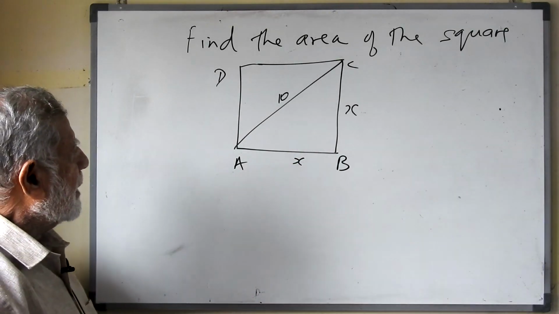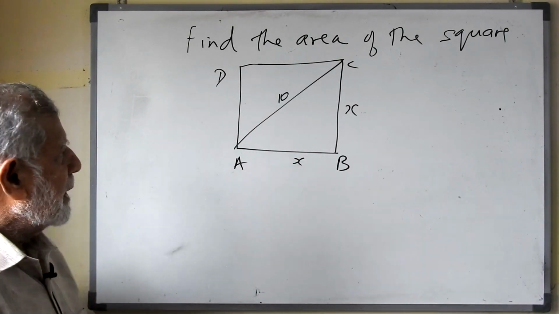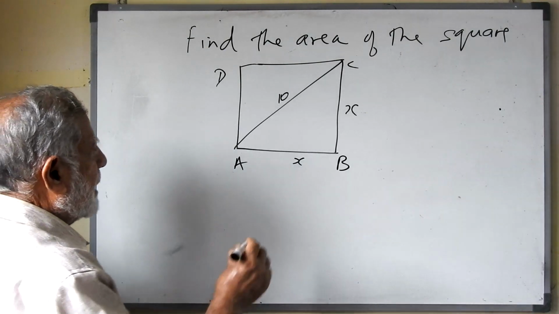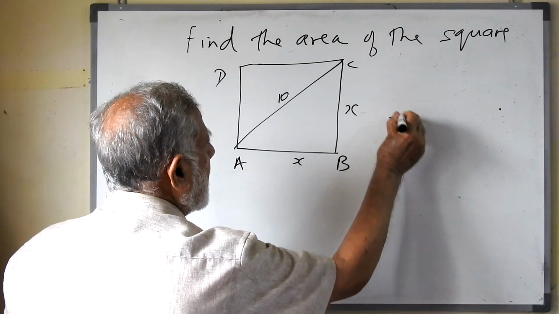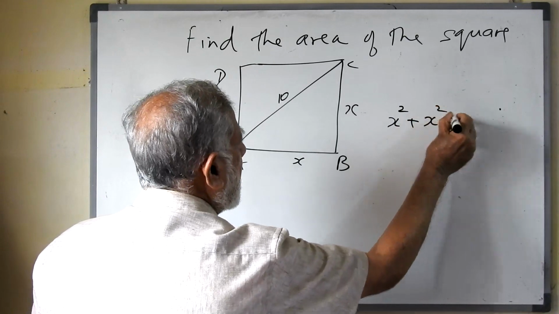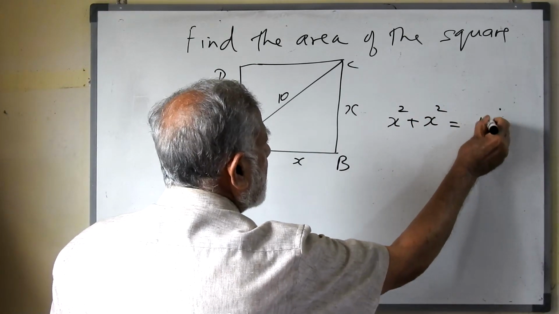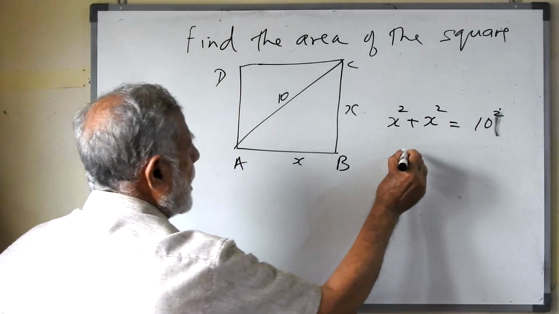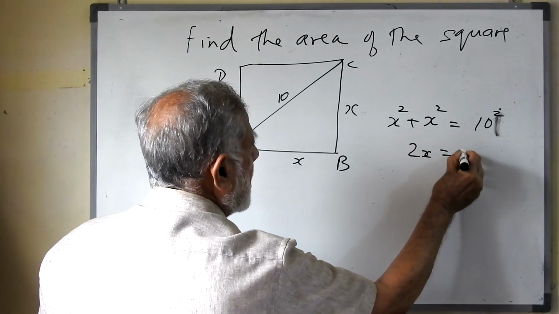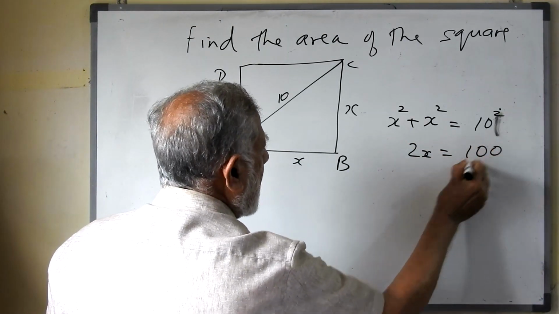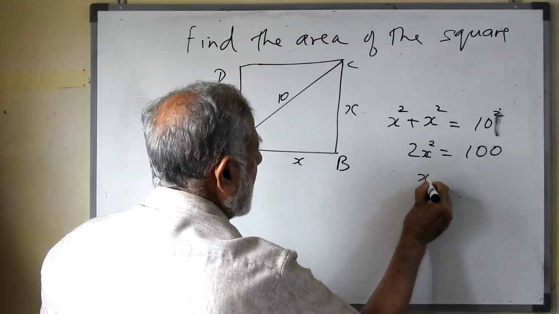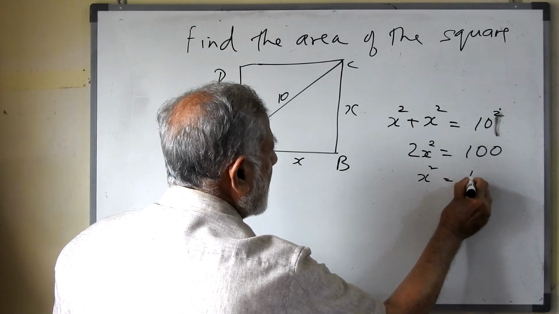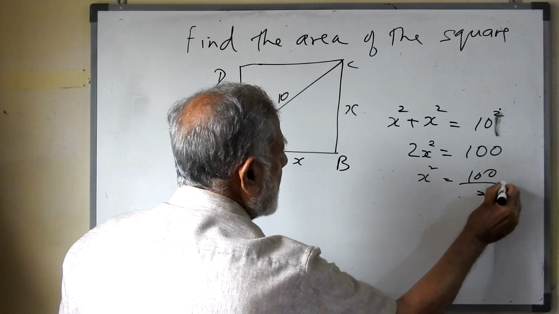So when you look at the diagram, we can just directly apply the Pythagoras theorem. That is, x squared plus x squared is equal to 10 squared. So that is 2x squared is equal to 100. Therefore x squared is equal to 100 divided by 2, that is equal to 50.